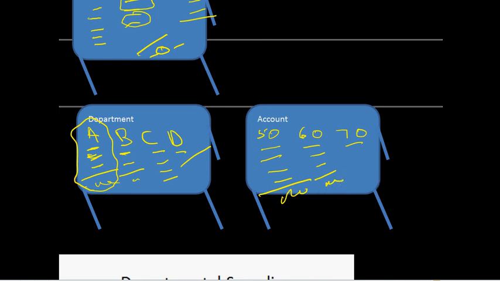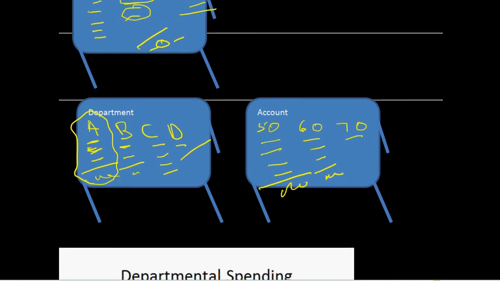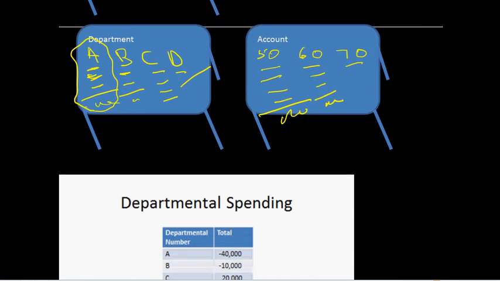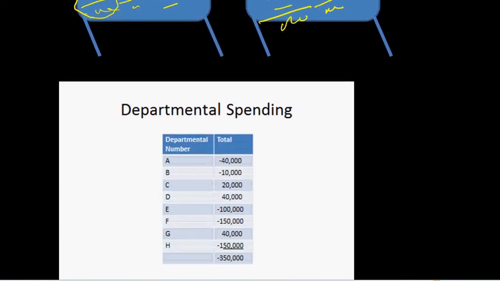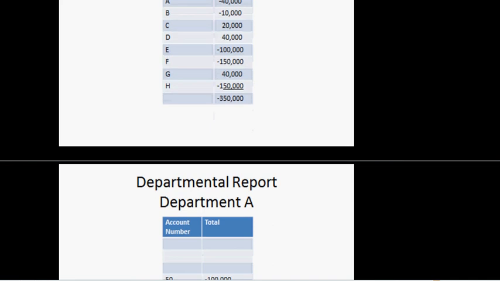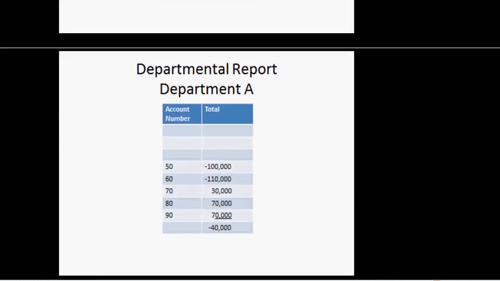They would come up with the same total as we had with Department A up here. We had a negative 40 net income for Department A. Here's Department A, but now broken down further into their accounts.